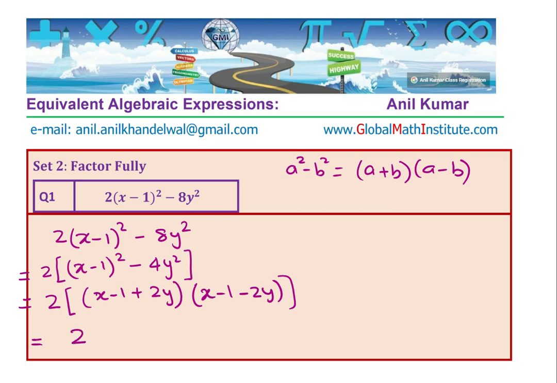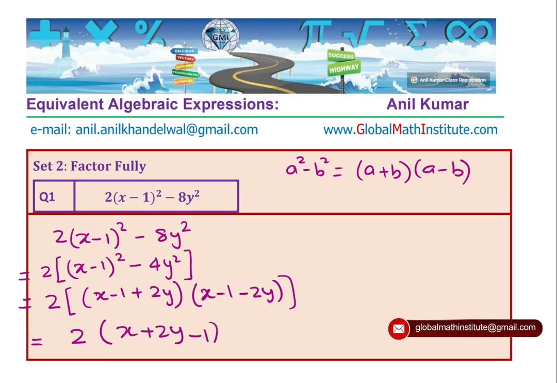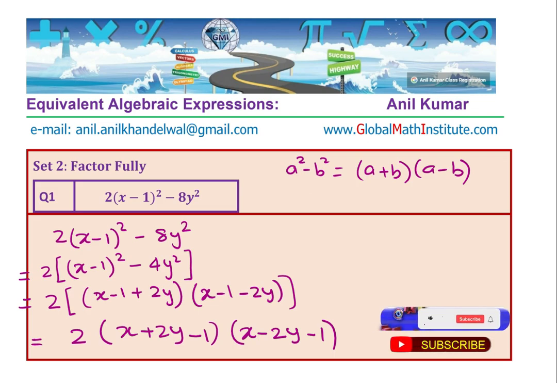We could rewrite this as 2 times x plus 2y minus 1 times x minus 2y minus 1. Makes sense? You see how we have factored it? Remember, 4y square is actually equal to 2y whole square, right? So therefore, we had this in this form of a square minus b square. Perfect?